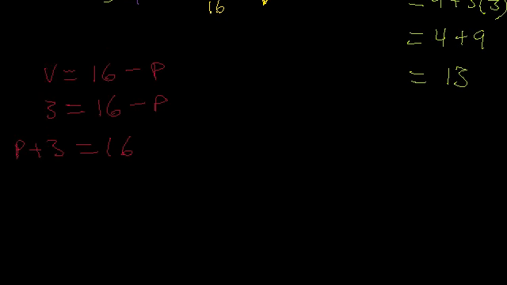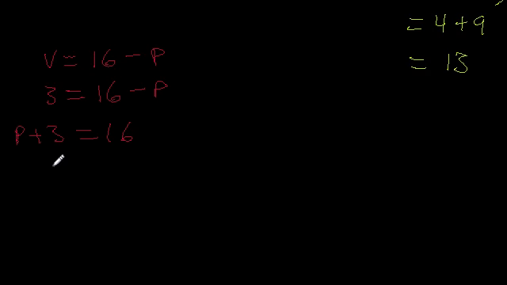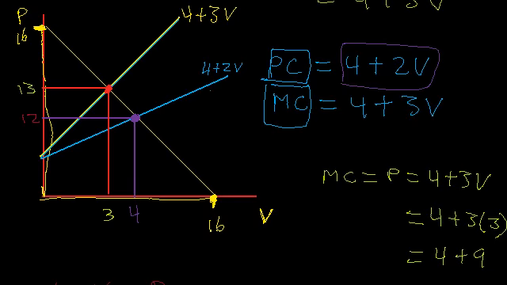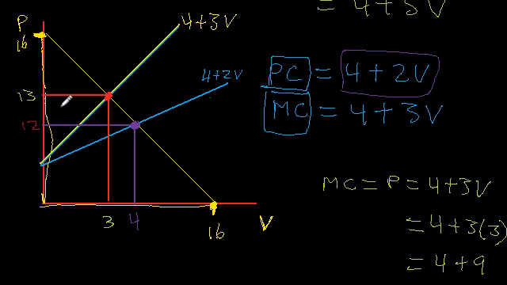Now we want to subtract 3 from both sides, and we get P is equal to 13. And that's exactly what we found using the other method.